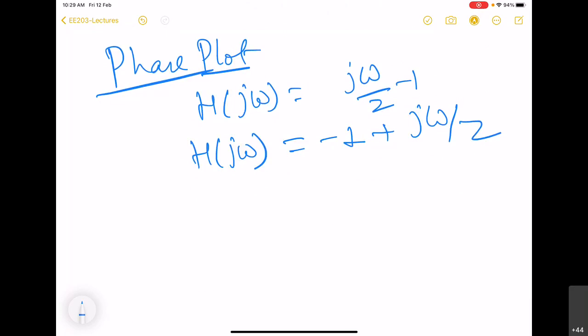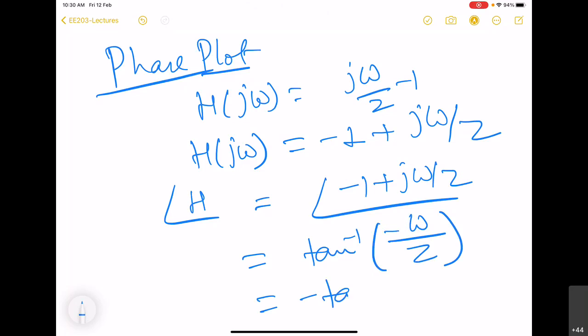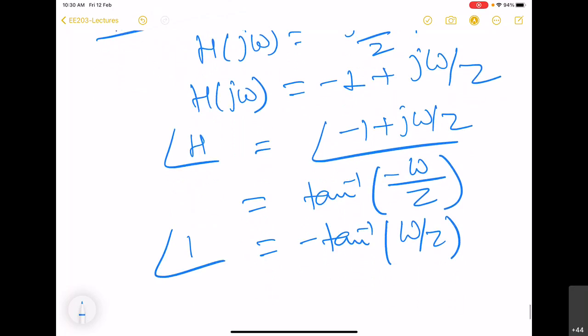In this case, we can in fact find out the exact phase. Phase of minus 1 plus j omega by Z. So this will be tan inverse of omega by Z over minus 1. So this can be written as minus tan inverse omega by Z. So this is the phase.